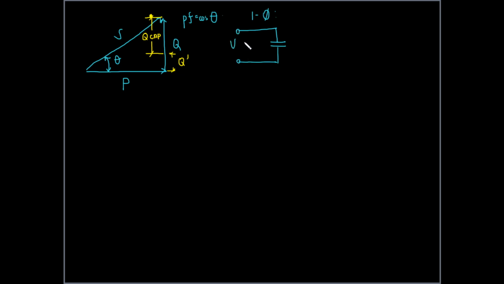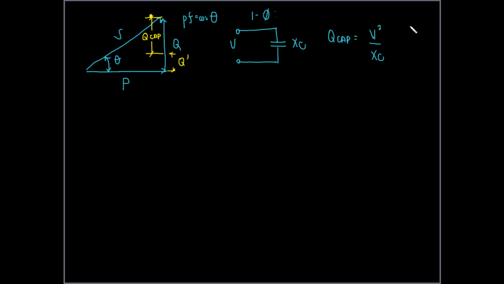So if this is the voltage of the line, then how do you solve for Q here for a single phase system? This capacitance written as C, you can determine its capacitive reactance using the frequency of the system, usually 60. You can obtain your XC so that the Q offered by the capacitor is V squared over XC.